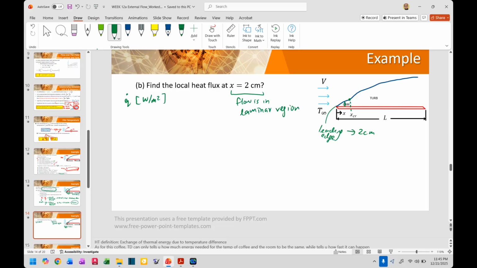If you take the plate, this is 2 centimeters, okay? This is a fully laminar region, okay? Laminar boundary layer, LAM, short form. So we will have to use a fully laminar Nusselt number equation.